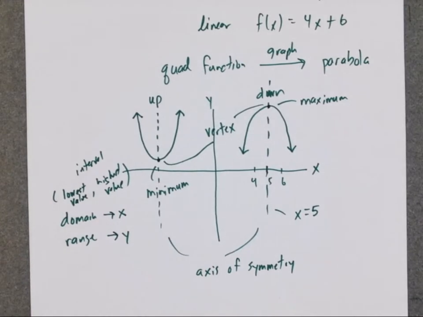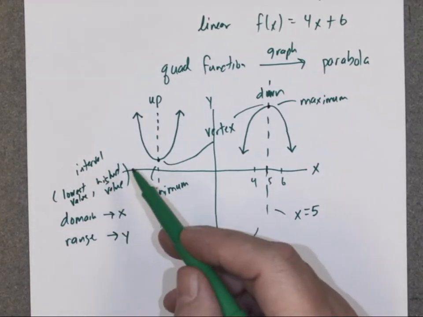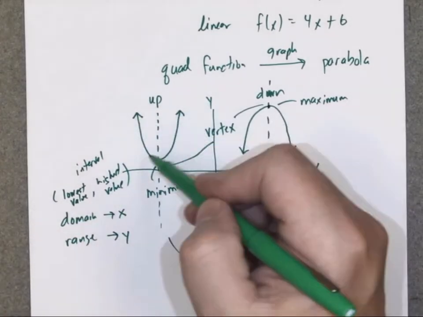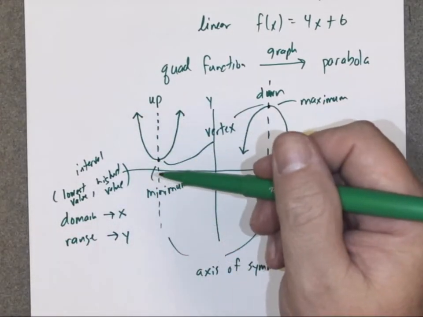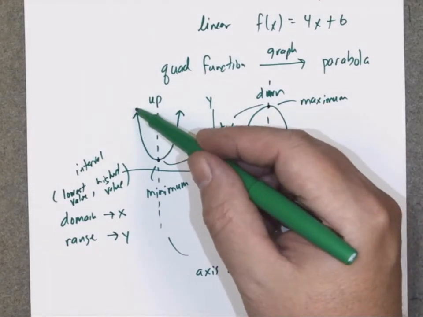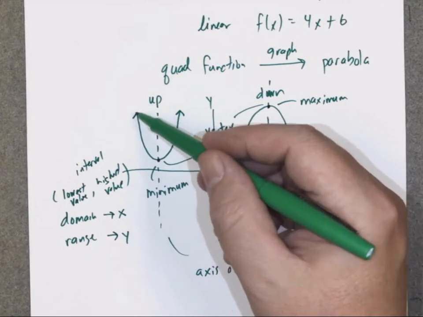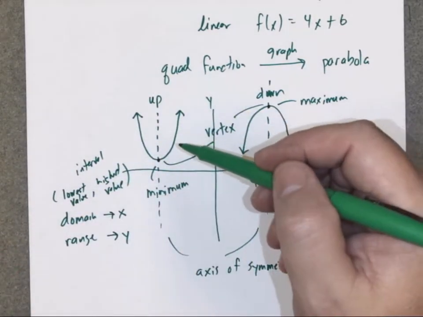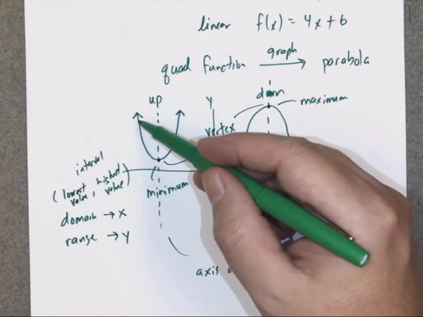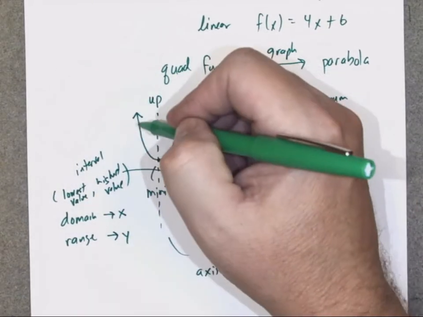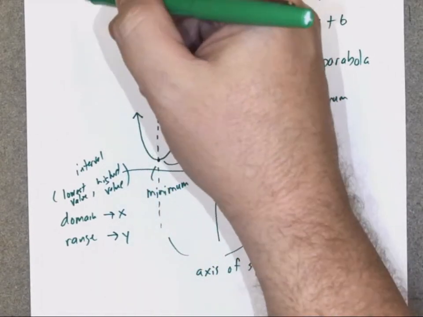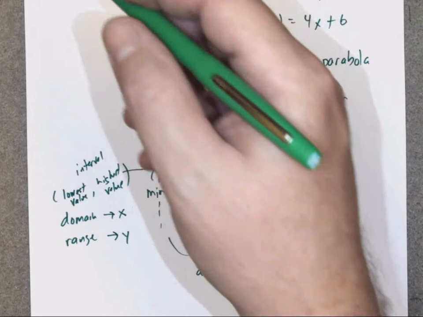So for the domain, you go to your graph. We need to look in terms of x. Say we're looking at this parabola that opens up, I'm looking at the smallest value of x for this graph. In other words, how far in the negative x direction does this graph go? What's the smallest value of x for this graph? Well, hopefully you can see this graph actually goes on forever, and it continues to get wider and wider.